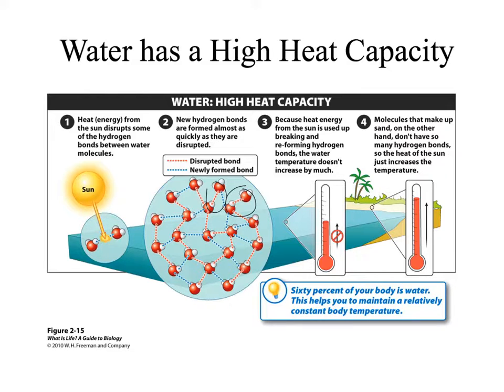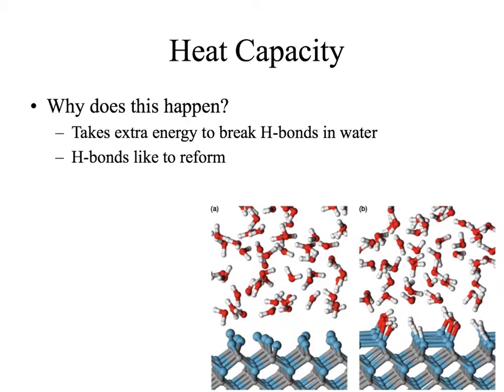The water is much cooler than the sand because water has a high heat capacity. So remember, water has a high heat capacity because it takes extra energy to break all those hydrogen bonds between the water molecules. Those hydrogen bonds also like to quickly reform between other neighbors, meaning that it takes even more energy to raise the heat.